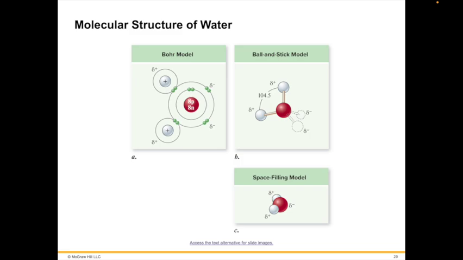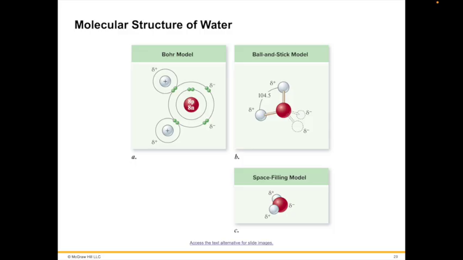The resulting molecule is stable, has no unpaired electrons, and carries no net electrical charge. The electronegativity of oxygen is greater than that of hydrogen, so the bonds between these atoms are highly polar.